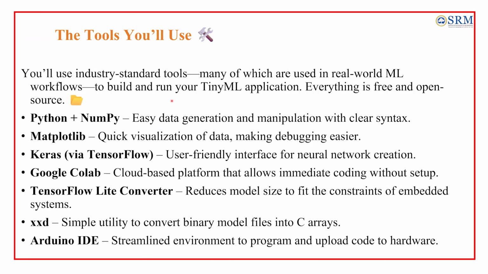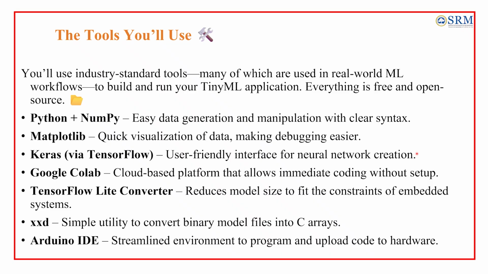To make this workflow possible, we are using a combination of software tools, most of which are open source. First is Python and NumPy, which help us generate and manipulate the data. Next is matplotlib, which lets us plot and visualize the data. Next is Keras. We build the model with TensorFlow and Keras, which is especially user-friendly for neural network creation.